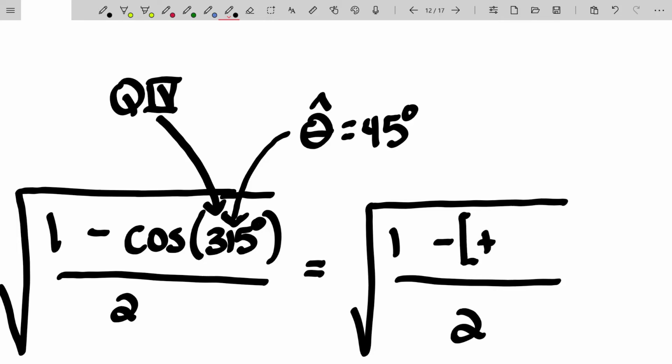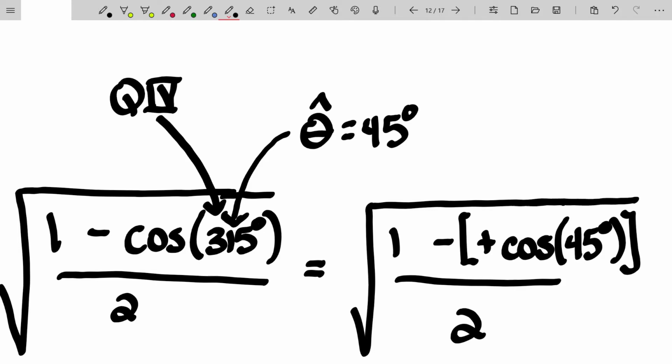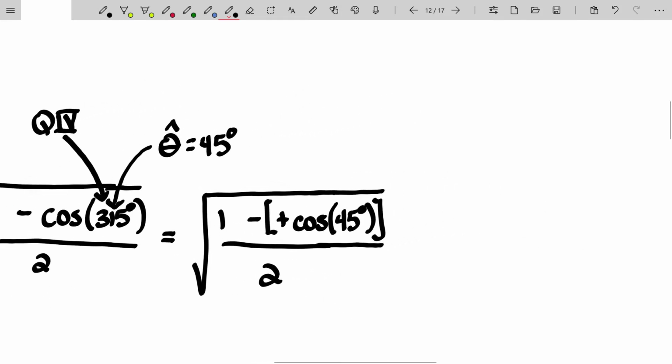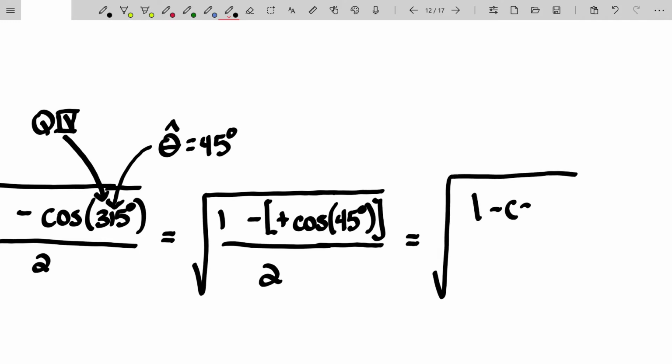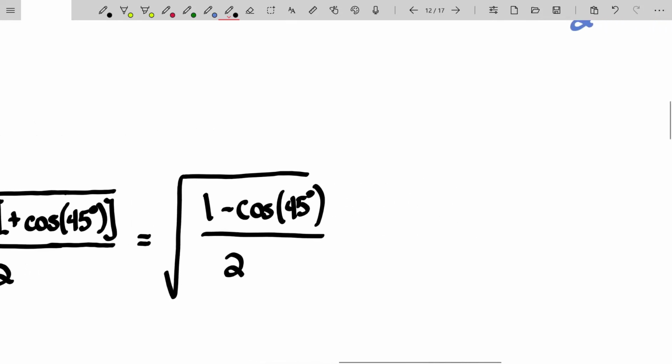Well, cosine in quadrant 4 is positive, and we're going to trade out that cosine of 315 for a cosine of 45. So I get to take away that large angle and replace it with the reference angle as long as I consider the quadrant there. Cleaning this up, that'll be the positive square root of 1 minus the cosine of 45 degrees, again all over 2.